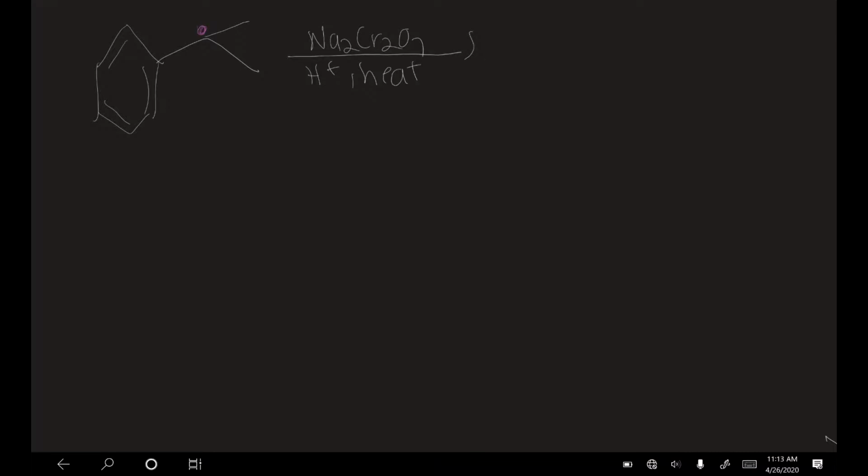And my first example is an alkyl benzene. Basically, if you add some sodium dichromate, which is right here, some acid, any type of acid, can be sulfuric acid, HCl, and some heat, you can oxidize the side chain to a carboxylic acid functional group.